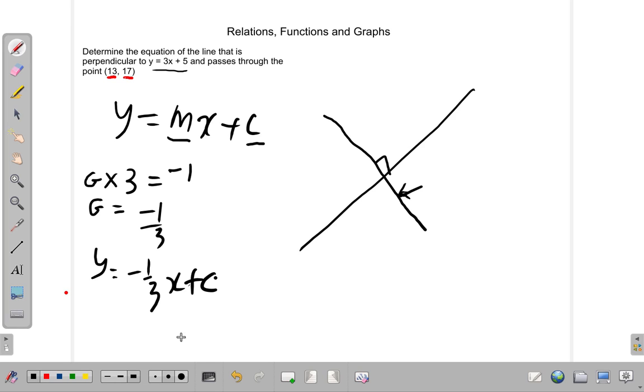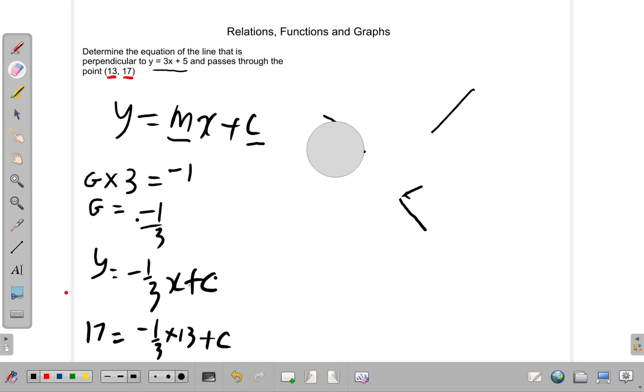So what you have is 17 is equal to -1/3 times x, which is 13, plus c. Let me get rid of my little graph and work it out up here. So what we have is 17 is equal to -1/3 times 13 plus c.